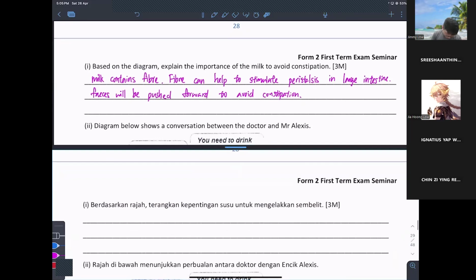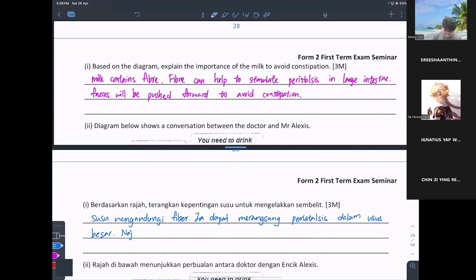So in BM as well, you can say: susu mengandungi fiber. Ia dapat merangsang, merangsang means stimulate, peristalsis dalam usus besar.